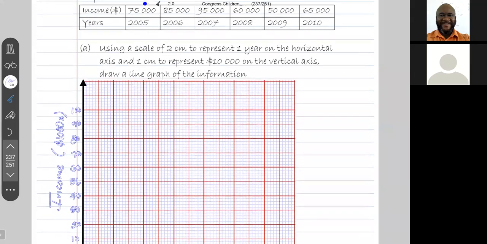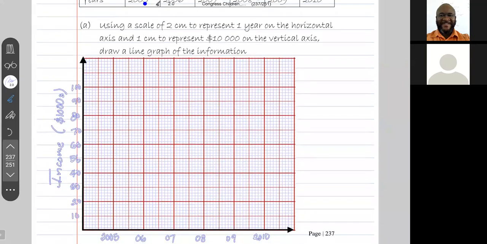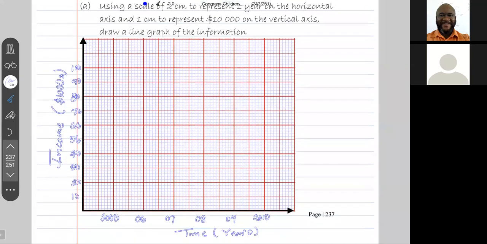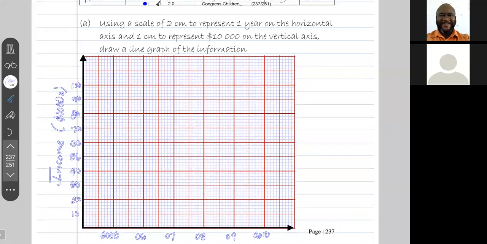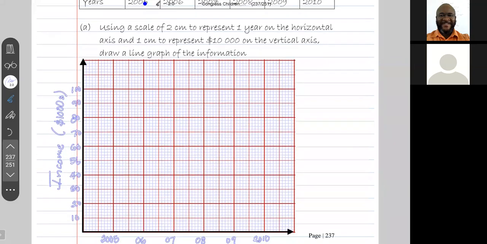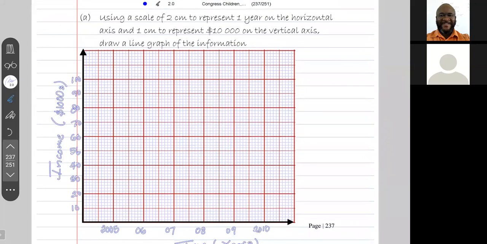The first point, 2005, corresponds to $75,000. So 75 would be in the dead middle between 70 and 80.